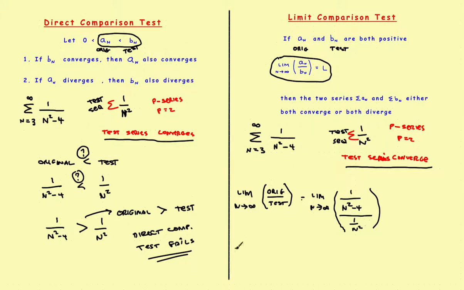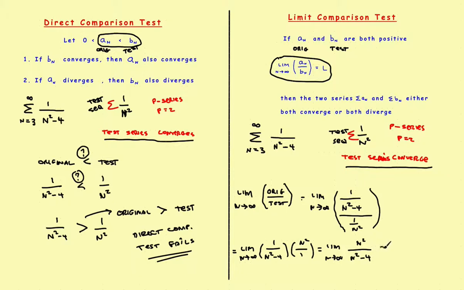Now again, you've got a fraction divided by a fraction, so the first thing to do is invert and multiply. So we'll take the limit as n approaches infinity of 1 over n squared minus 4, times the reciprocal of the denominator, n squared over 1. What this gives you is the limit as n approaches infinity of n squared over n squared minus 4.